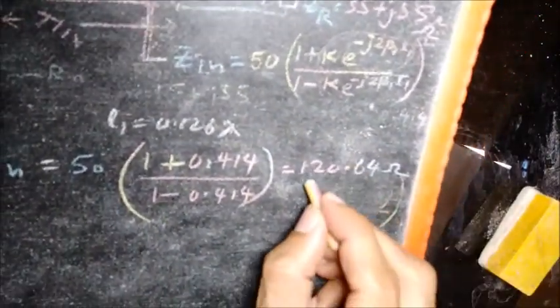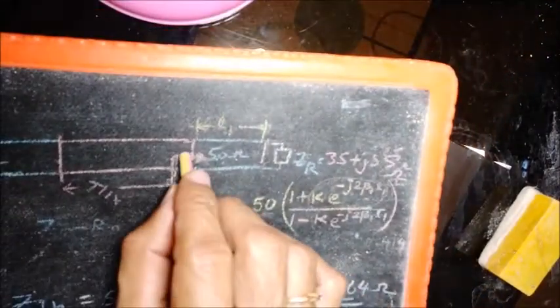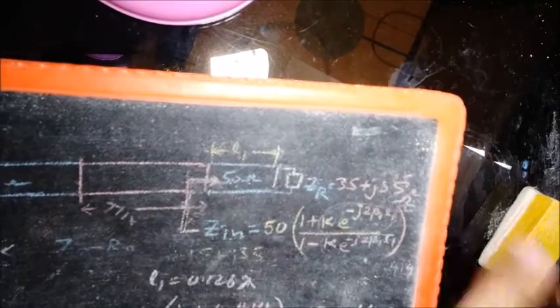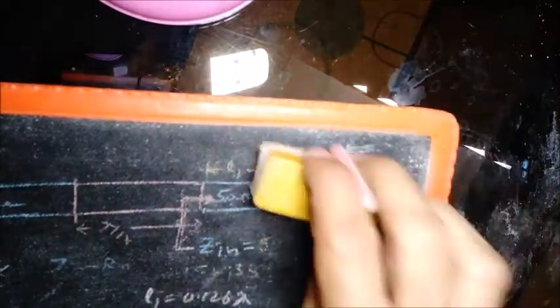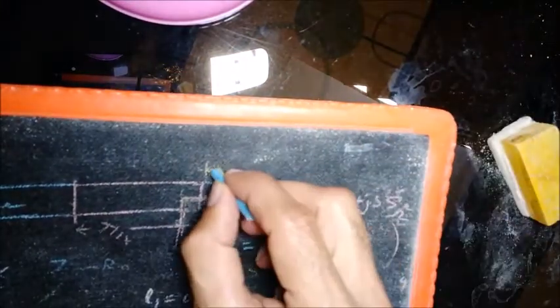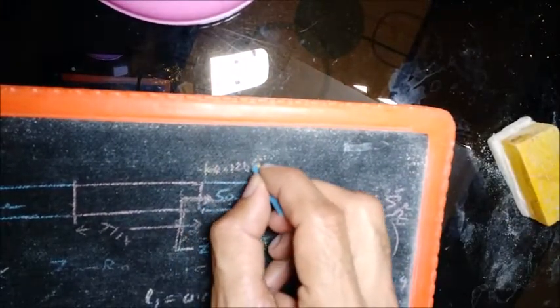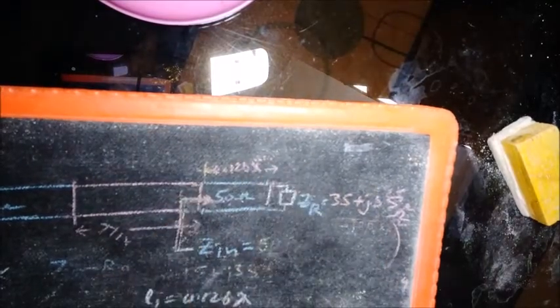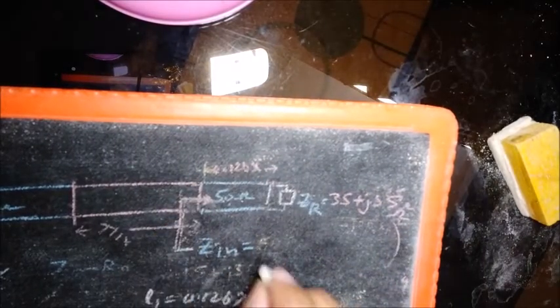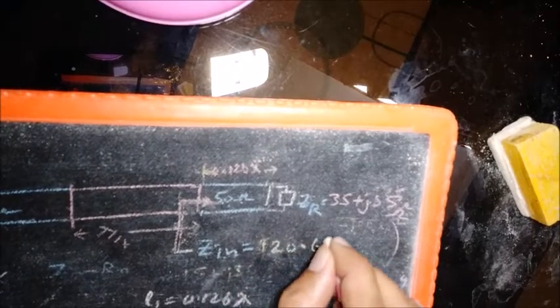So this is Zin, which means that with L1 as equal to 0.126 lambda, Zin is 120.64.